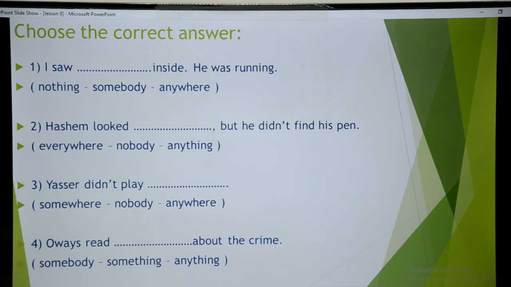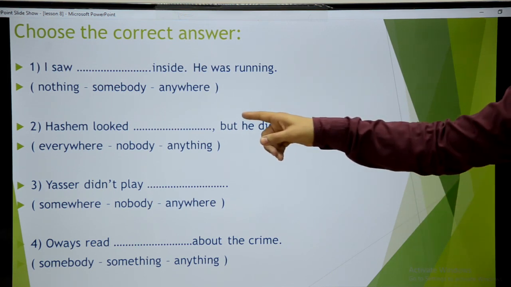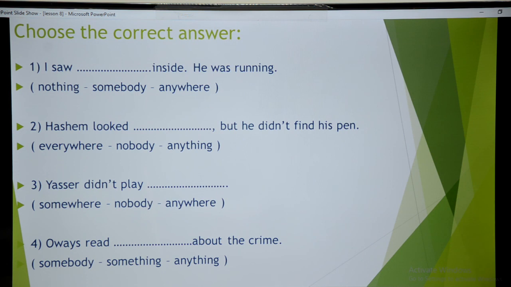Excellent. Okay. Number 3, Yasser didn't play. Didn't. And take care, we have not. Yasser didn't play somewhere, or nobody, or anywhere. Teacher, not. So we use any. So it's anywhere. Easy. Okay.